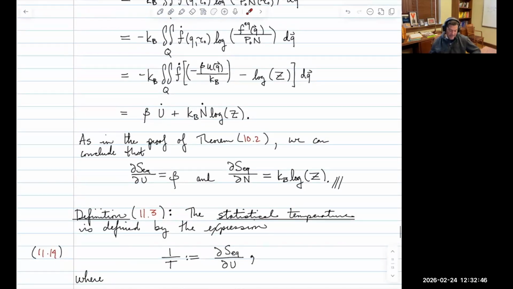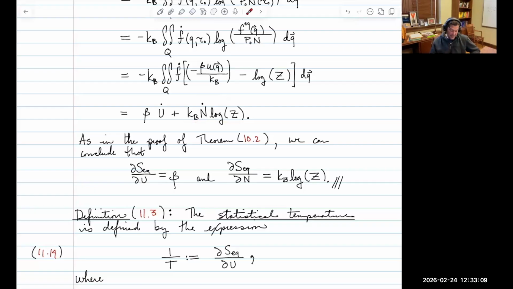So this calculation is quite similar to what we had before. What you get is that what is in front of this variable here, u dot, is beta, and what is in front of n dot is k Boltzmann log z. What does this mean?